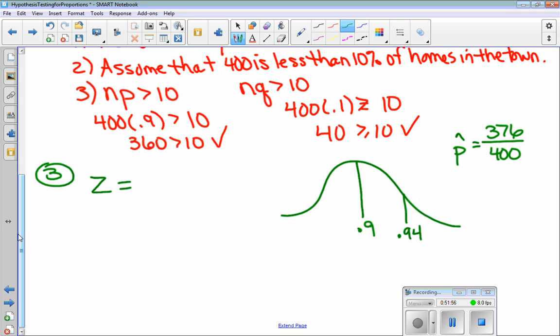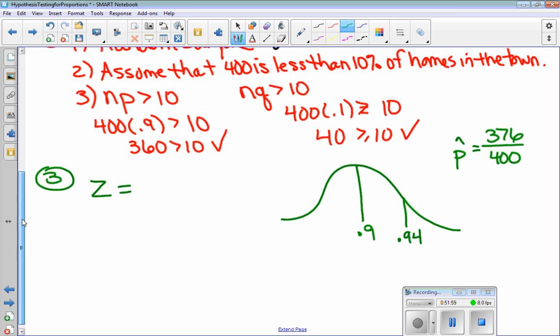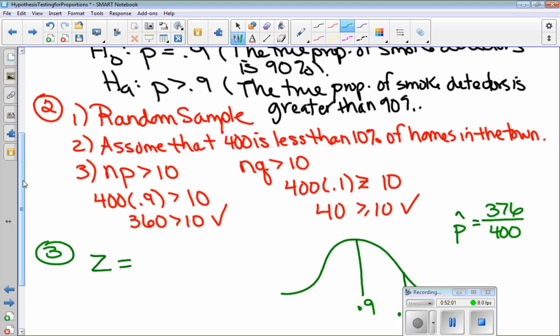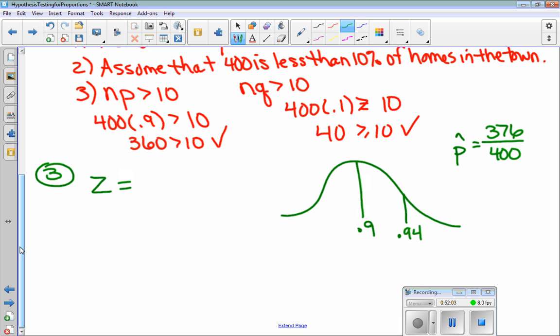In this case, our alternative hypothesis tells us the direction. We want it to be greater, right? So we're going to shade to the right of 0.94. Now, what z-score corresponds to 0.94? Well, 0.94 minus 0.9 divided by, got to find your standard deviation too, okay?